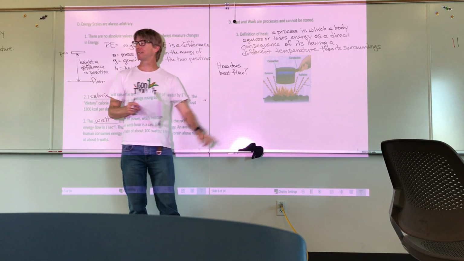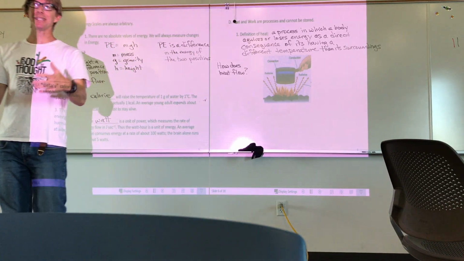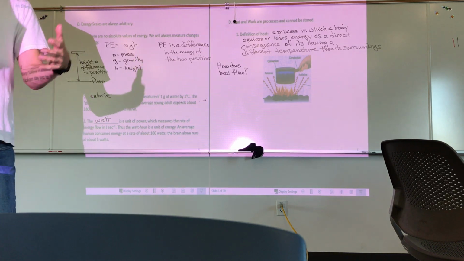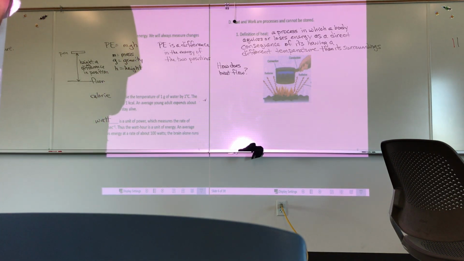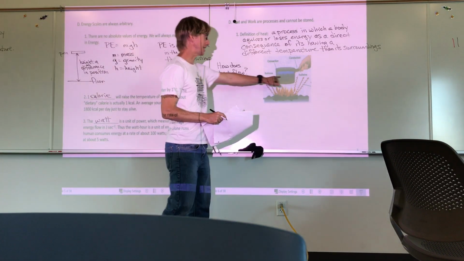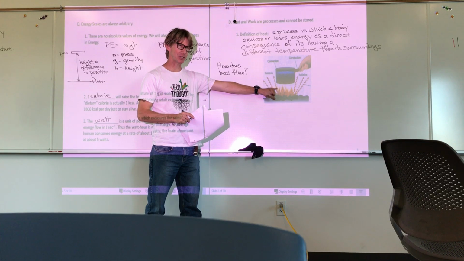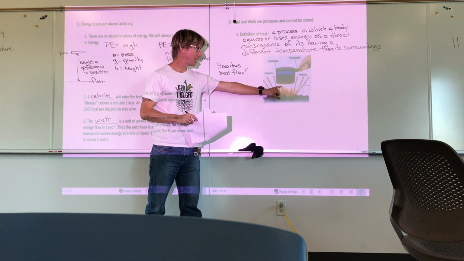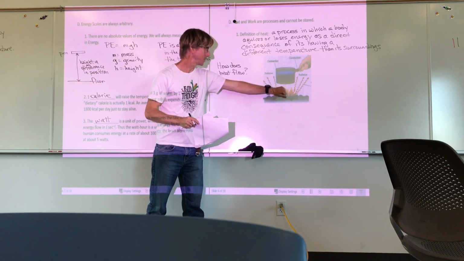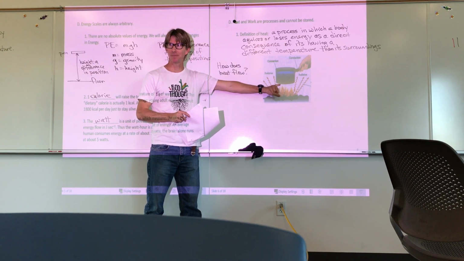Here's what I'm going to suggest to you, that our picture of heat is related to temperature, and temperature is related to molecular motions. The way that this water heats up is that the fire heats the air molecules. The air molecules bump into the bottom of the pot.